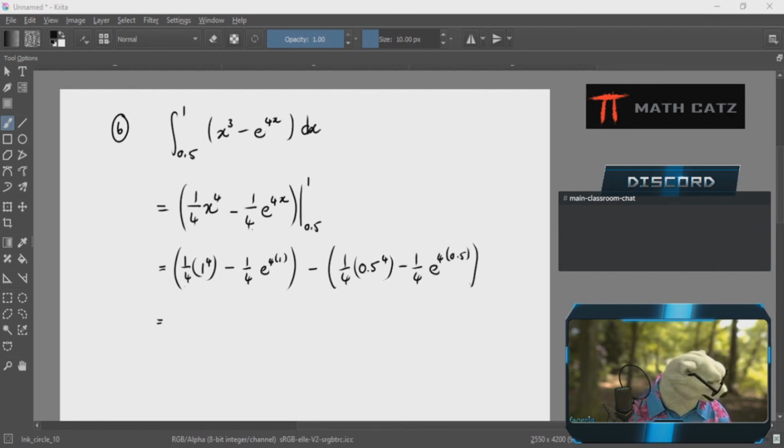I'm not quite sure how to do e in MathBot. Let me just check this. Is it just e? Okay, that's good. Let's now do the calculation.